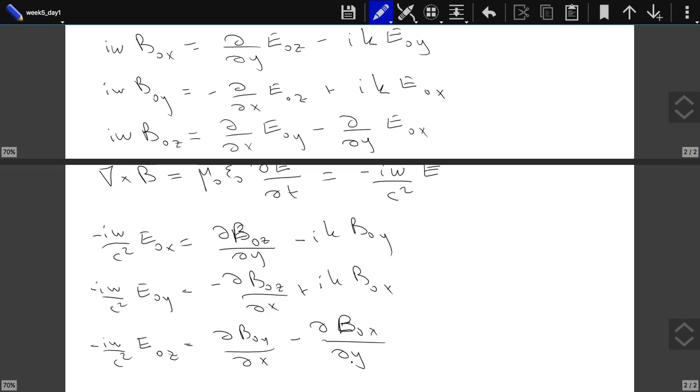Well, look at the second line from the top. That contains E0x and B0y, plus terms that have the derivative. So using those two equations, we can solve for E0x and B0y in terms of the derivatives of E0z and B0z.